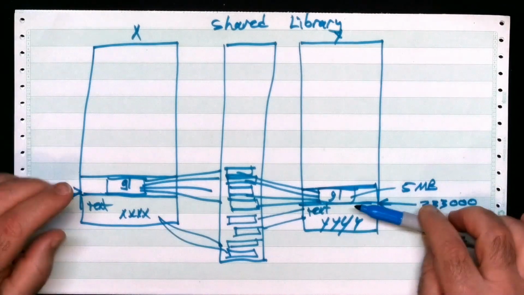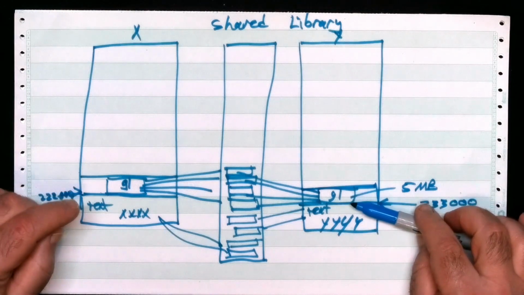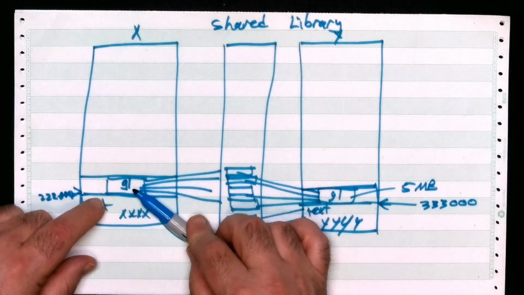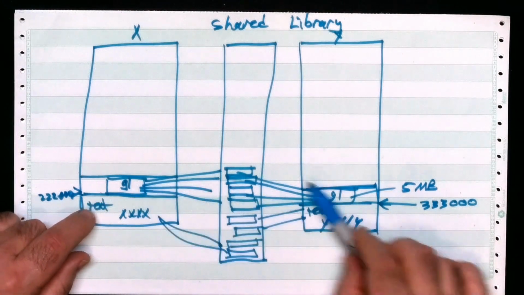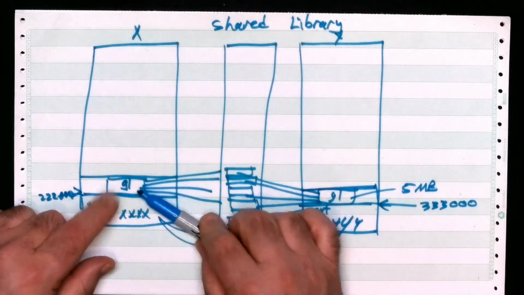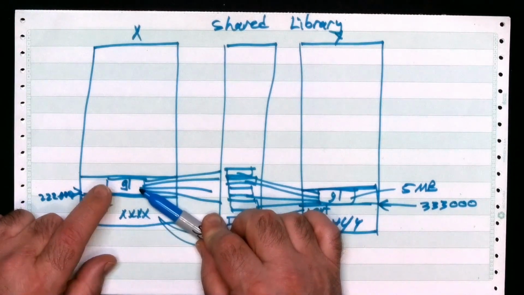Think about that. The instructions in here that need to branch around and stuff like that have to have some way of knowing where to go and where things are. And if it's running in this address space at a completely different address than the exact same code running in this address space, then this code has to be written very carefully, okay?